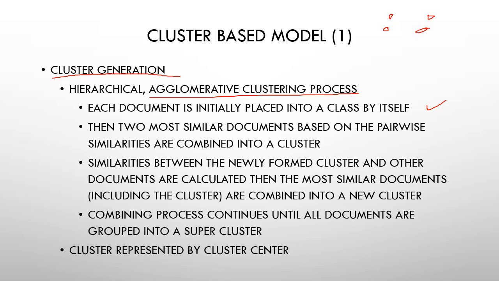Then next, the two most similar documents, based on the pairwise similarities, are combined into a cluster. Let's say this is number 1, this is number 2, this is number 3, and this is number 4.